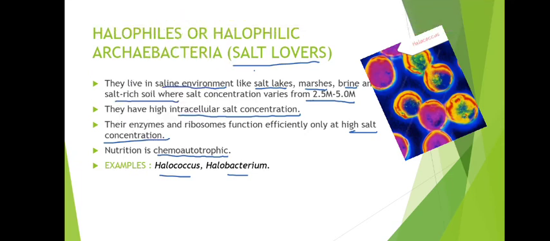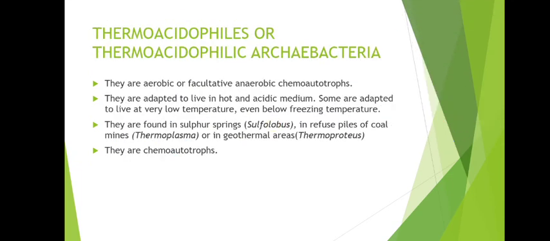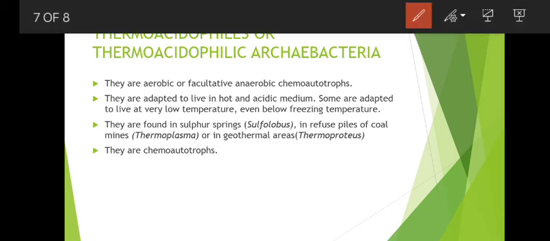Now, the next one is the Thermoacidophiles or Thermoacidophilic Archaebacteria. They are aerobic or facultative anaerobic chemoautotrophs. This means they can survive in both aerobic and anaerobic conditions.